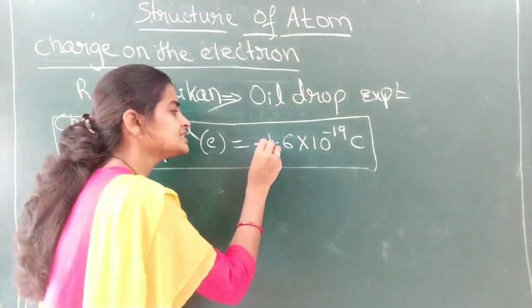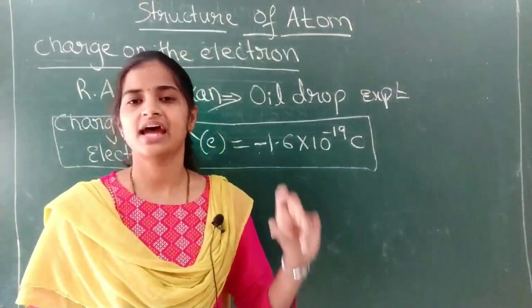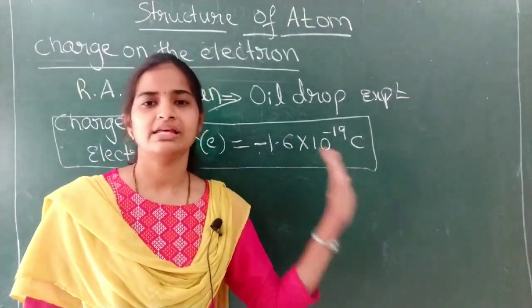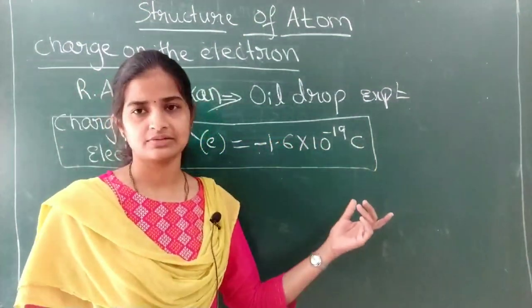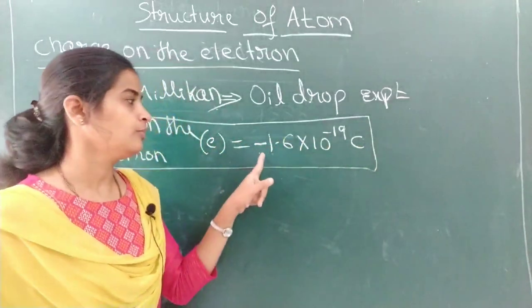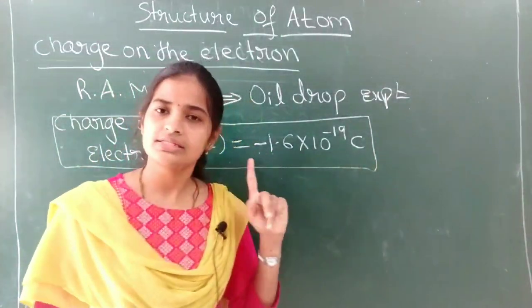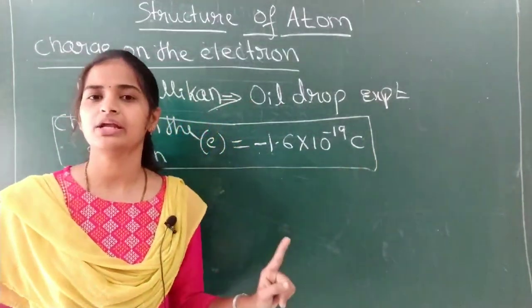What does minus indicate, my dear students? This minus just indicates that the electron is negatively charged. Therefore, what is the charge of the electron? Minus 1.6 into 10 raised to minus 19 coulomb. These points are important for competitive exams.